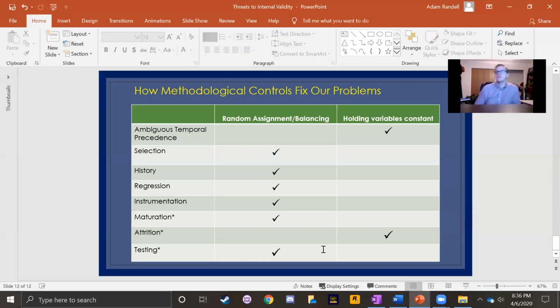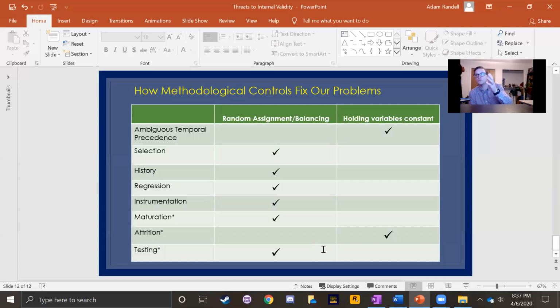And you can look to my other videos for a more in-depth conversation about those methods of methodological control. But here you see a table showing how each of those threats to internal validity can be solved by each type of methodological control.